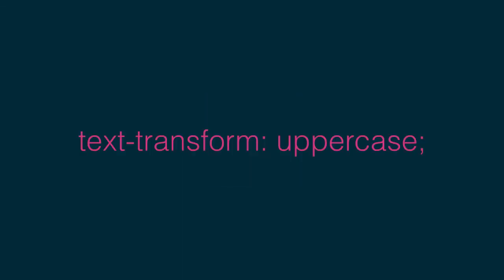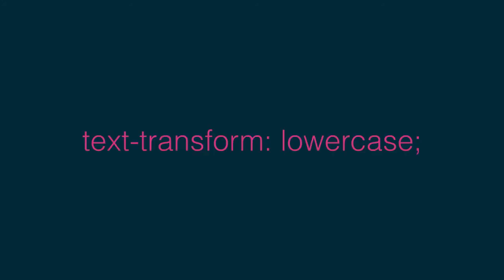And text-transform is one that we talked about Tuesday. You can transform text to uppercase, and there's obviously the inverse, lowercase, which gives you lowercase text. So that's a rundown of the properties we went over on Tuesday when building a page. Really there weren't that many, and they weren't that complicated.